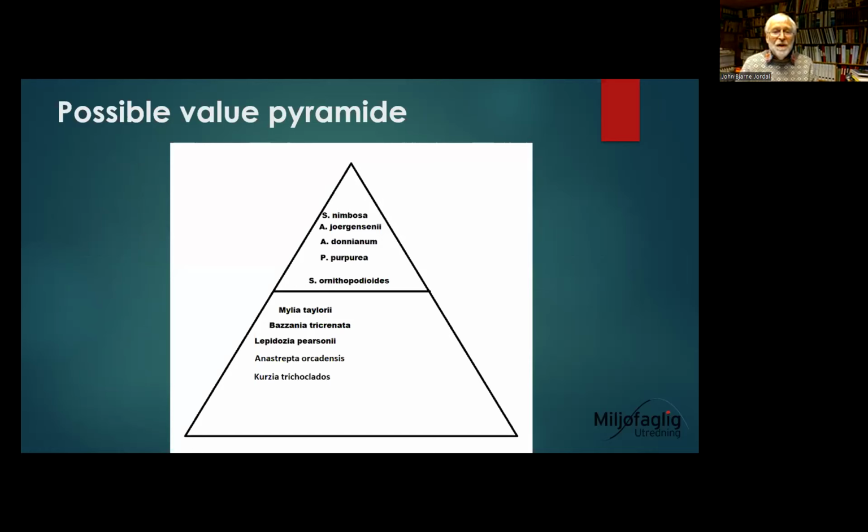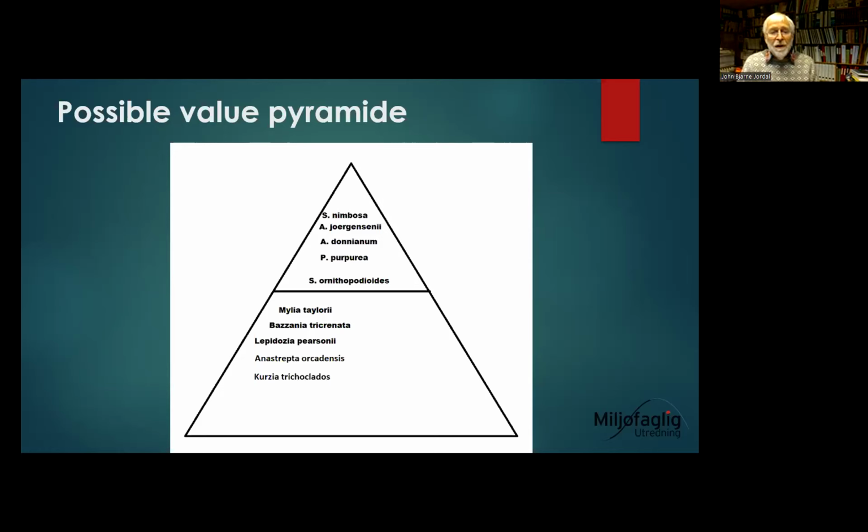In Sweden, you're very clever in preparing possible value pyramids of fungi and other organisms. Here's a proposal from Norway to evaluate these oceanic heaths. At the top, the most exclusive and diagnostic ones are Scapania nimbosa, Anastrophyllum jorgenseni, Anastrophyllum donianum, Pleurozia purpurea, and Scapania ornithopodioides.